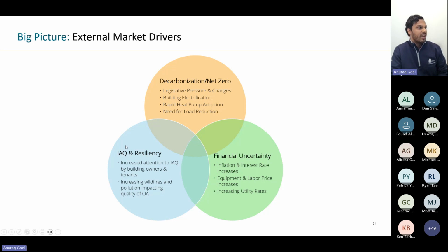We have market drivers around, how do we deliver good indoor air quality while being resilient to outdoor air contaminants? And then thirdly, and a big topic for today, is really around decarbonization and net zero. How do we lower the building load so that we can use less renewables to offset the total building load? So all of these different market drivers, I think, are addressed through the IAQP, and we'll learn more about that through this session.